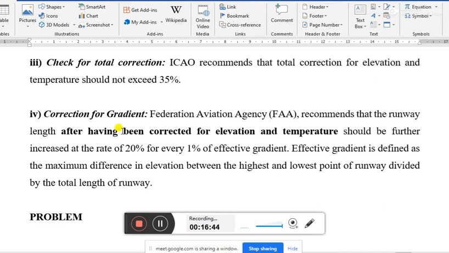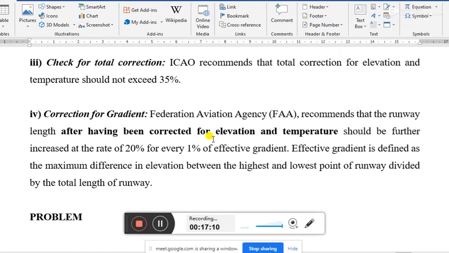Gradient correction is done after the correction of elevation and temperature.